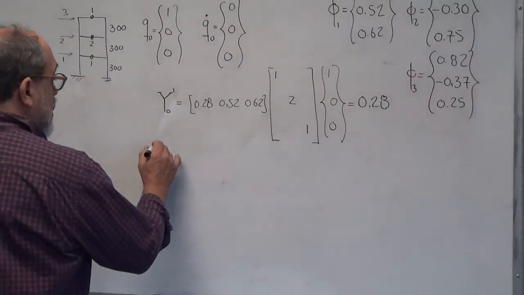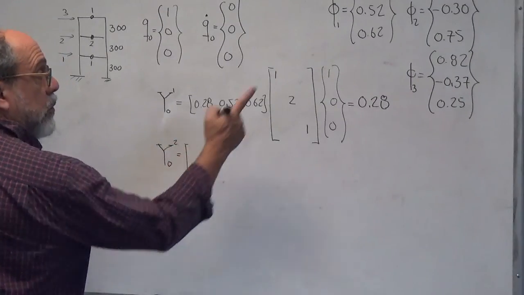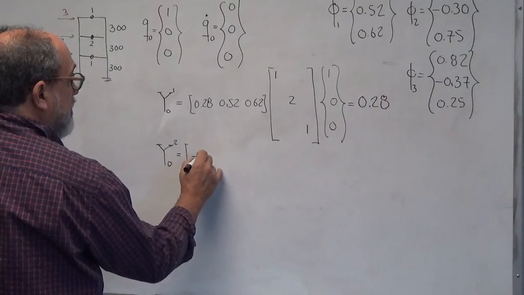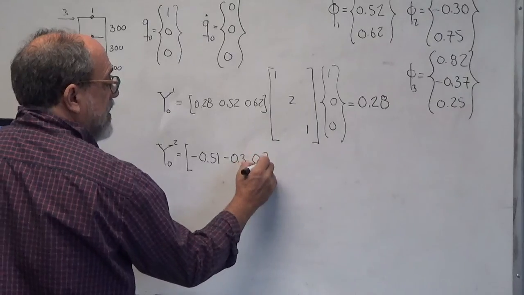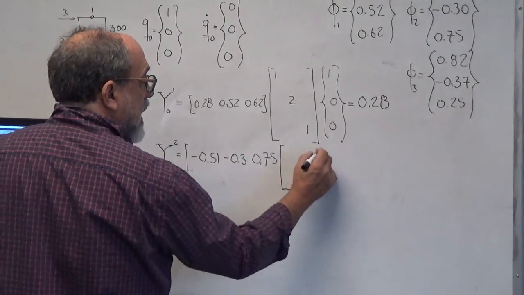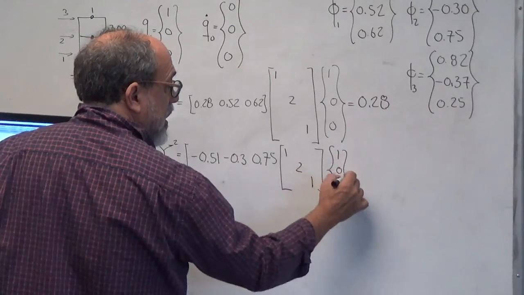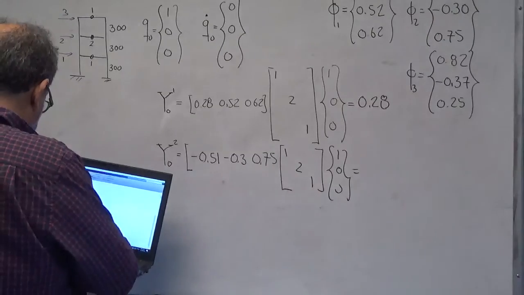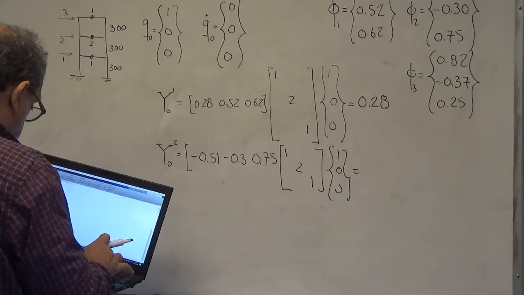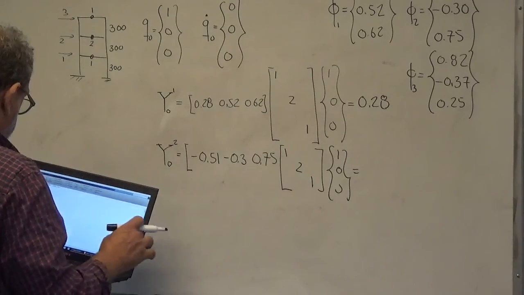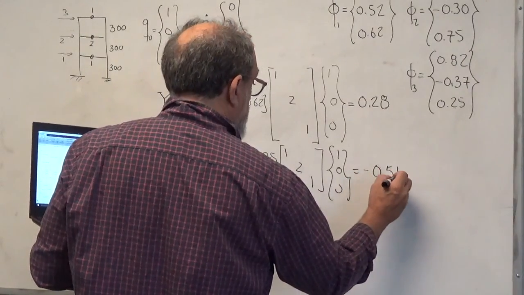If we do the calculation on the second mode, y02, we would simply have minus 0.51, minus 0.3, 0.75, and then the same mass matrix 1, 2, 1, and the same initial displacements 1, 0, 0, and the answer in this case would be minus 0.51, rounding to 2 digits.